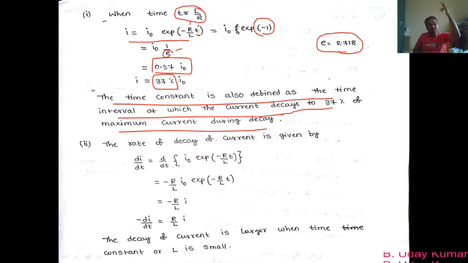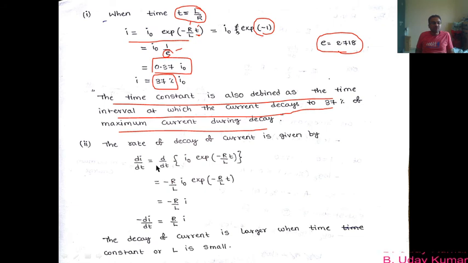That was 63% of its maximum value. This is 37% of its maximum value, but this is the case of decay. So the time constant is also defined as the time in which the current decays to 37% of the maximum value of current, which is I0, during decay. So this is another definition of the time constant. I hope it is clear.